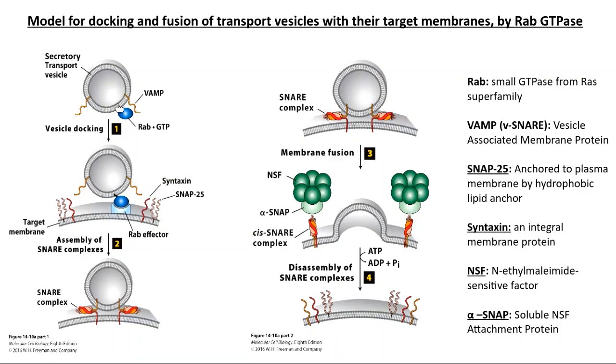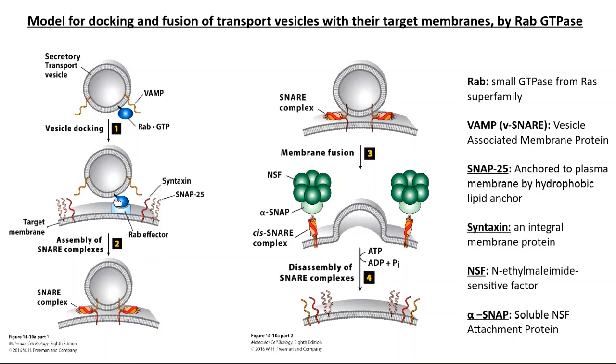Okay. Now what happens? We have these V-SNARE proteins. Specifically, these are called V-SNAREs or VAMPs. And now we have the target membrane which has a RAB effector molecule.